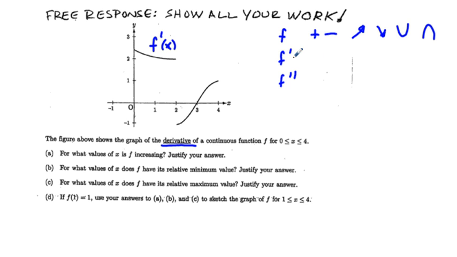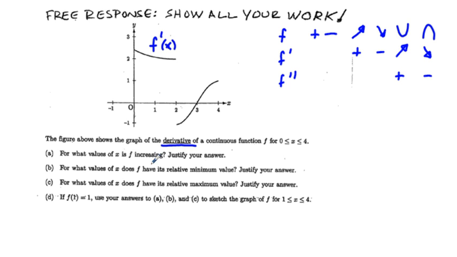And down below the f prime, we just take this plus or minus down here: increasing, decreasing. We're going to need it for this problem. We can put plus or minus finally down below here in the f double prime.